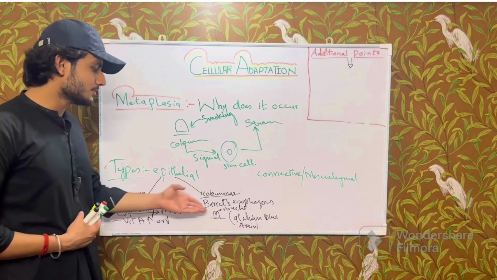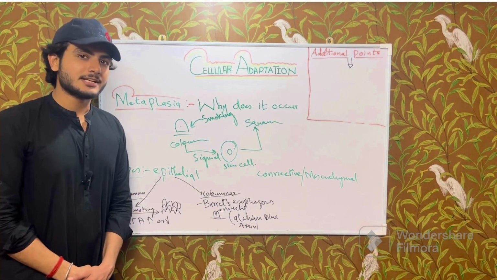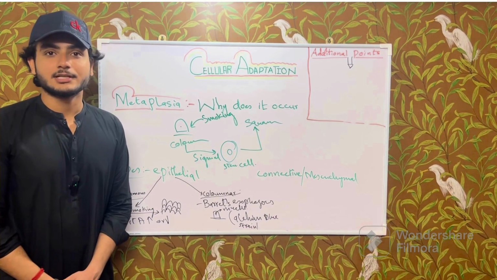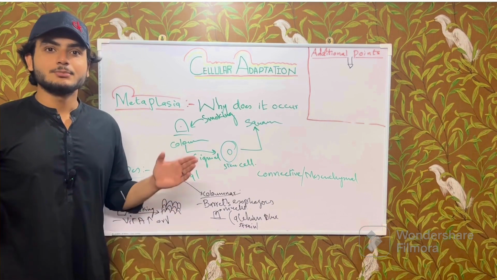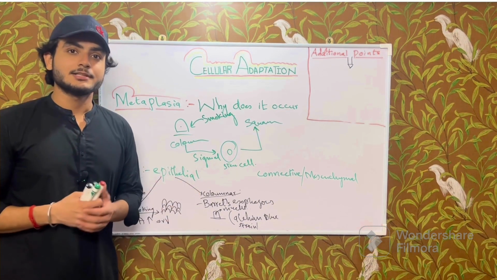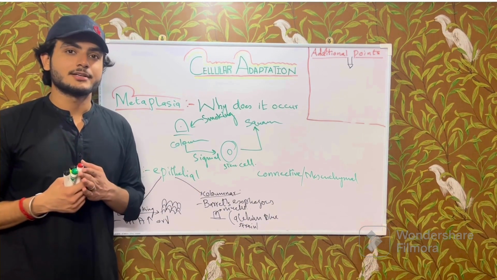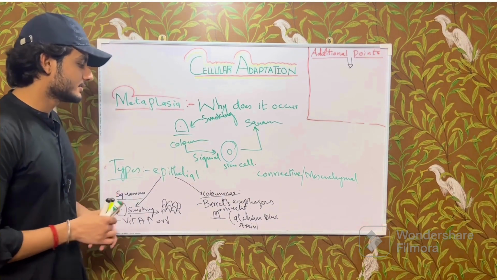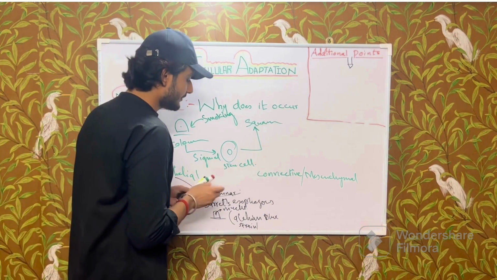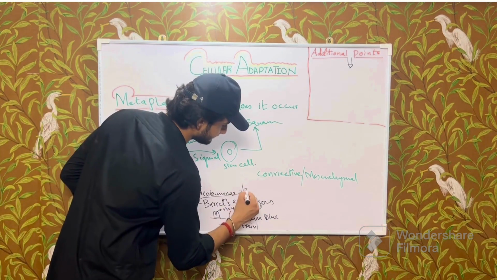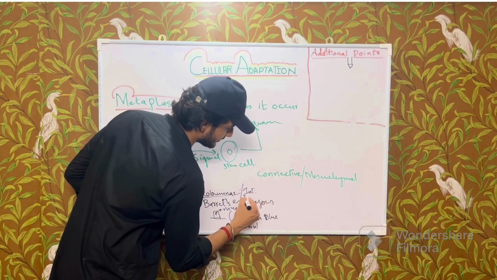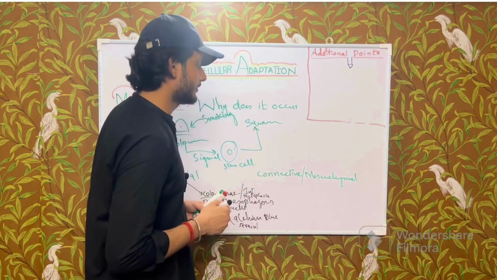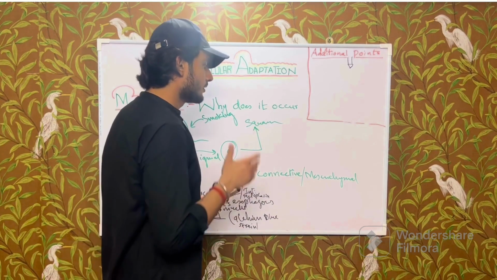Because of the presence of these mucin granules, this metaplasia is also known as intestinal metaplasia, because intestinal mucosa is made up of columnar cells, and these columnar cells also contain mucin granules. That's why this metaplasia is known as intestinal metaplasia.